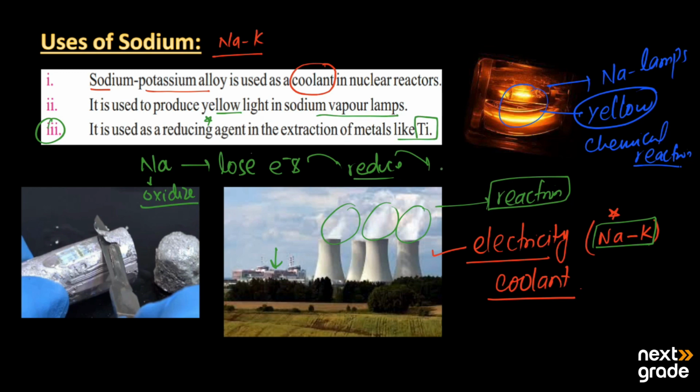The other substance will gain the electrons that have been lost by sodium. So it has a highly reducing power and is used in the extraction of metals like titanium. This is a simple picture of sodium, which can easily be cut with a knife.